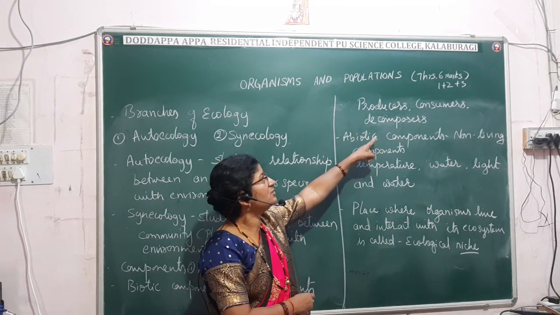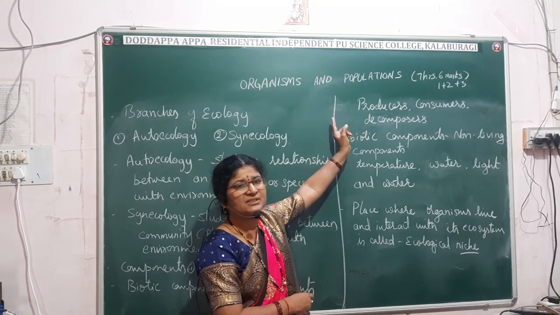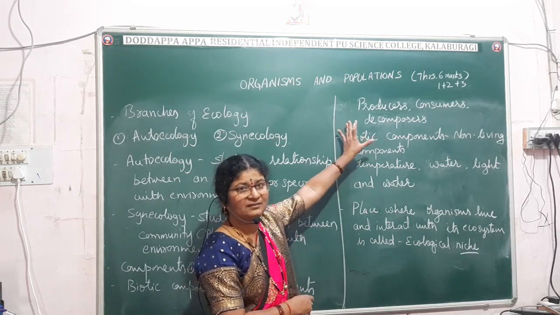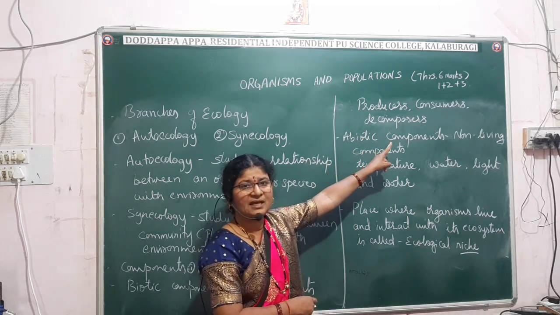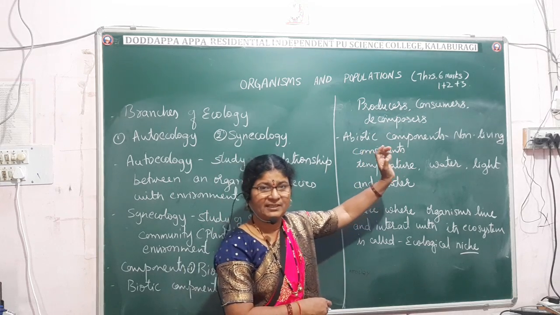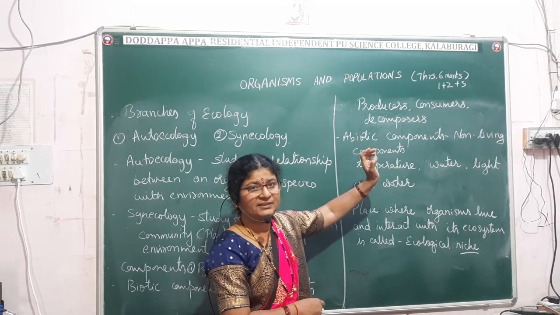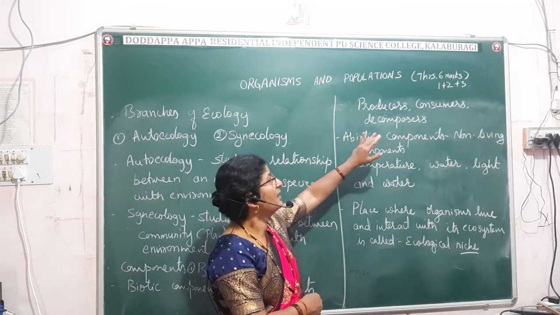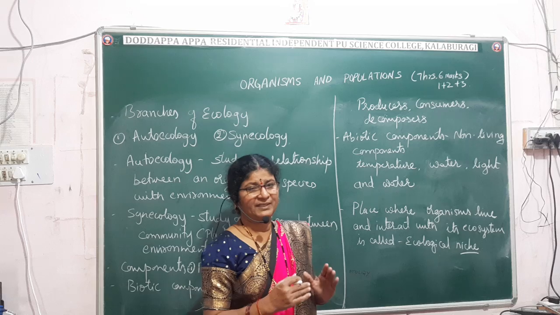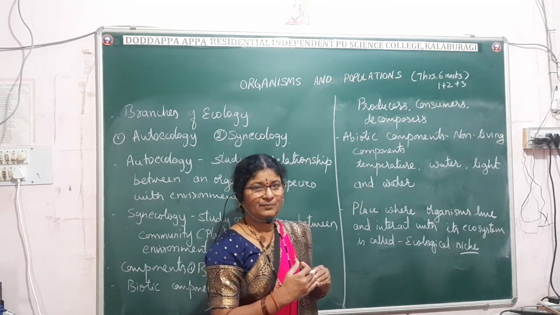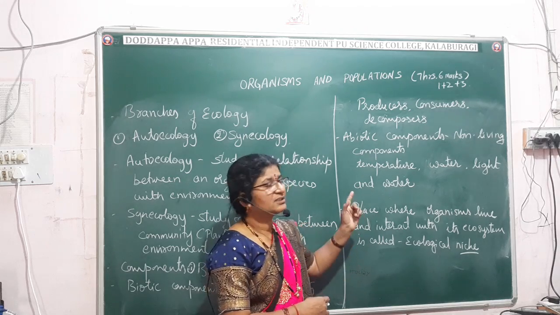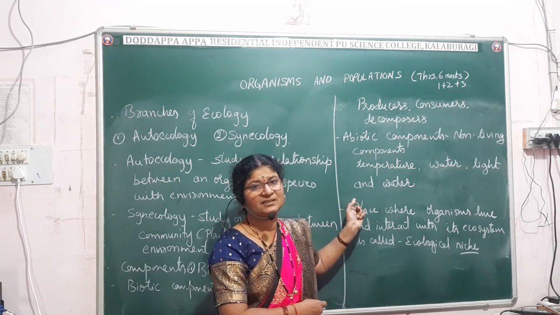Producers are the plants which produce their food by themselves and also for others. Consumers are the ones which don't have the capacity of producing food; they depend upon other organisms for their main basic need. And decomposers are those organisms which help in returning the biotic components back to the earth, back to the ecosystem. This we will deal with in detail in the ecosystem.